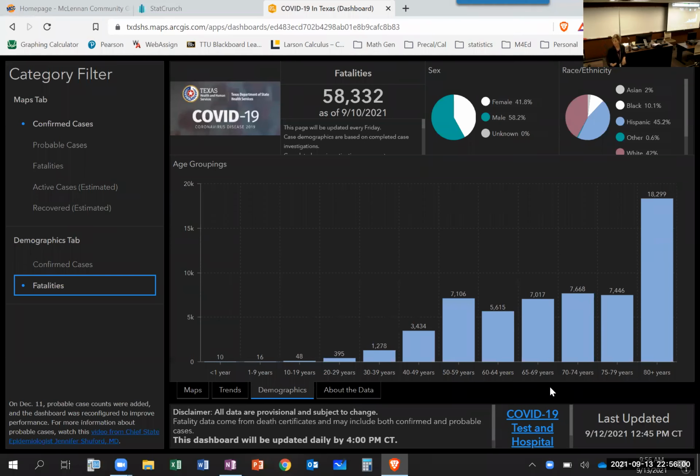This is a histogram representing the data for the people who died from COVID based on age ranges. And if you look down here, I have less than 1 year, but starting after that, I've got 1 to 9, 10 to 19-year-olds, 20 to 29. Each of these are divided up until you get to age 59. We are talking about bands of 10.